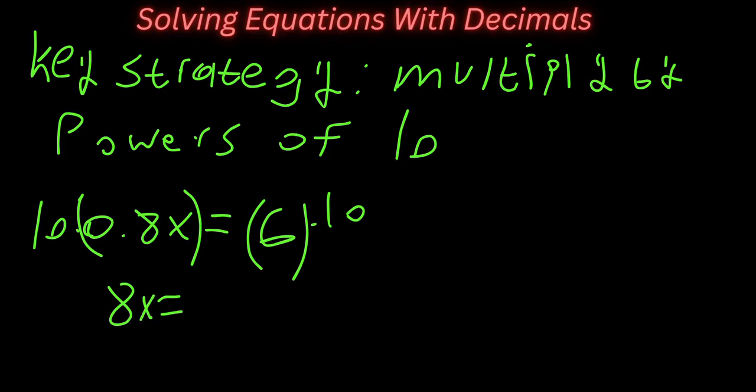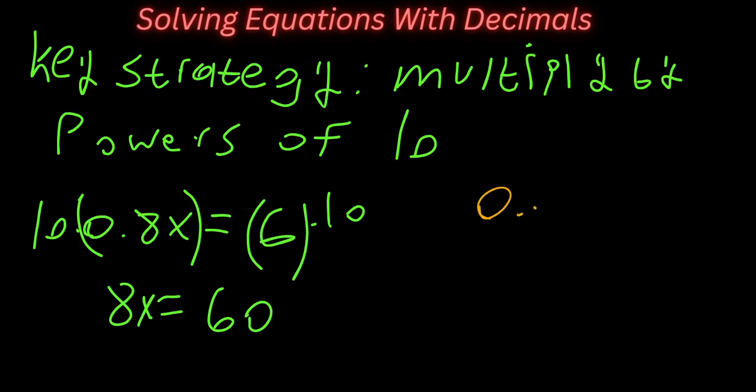And then on this side you get 8x, and on the other side you get 60. And once you get there, it's just a matter of a one-step solve, right? So people find that the decimals look harder or more complicated, but if you just use this one key strategy, you can simply solve them.